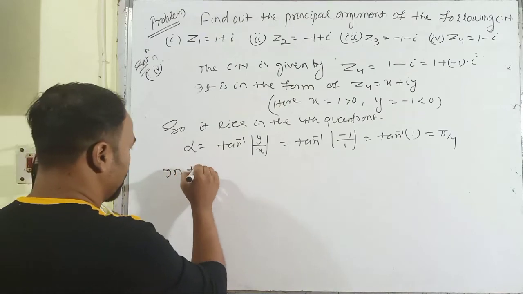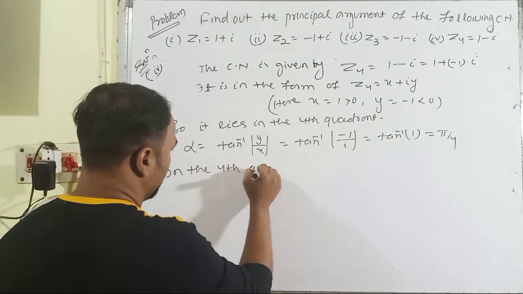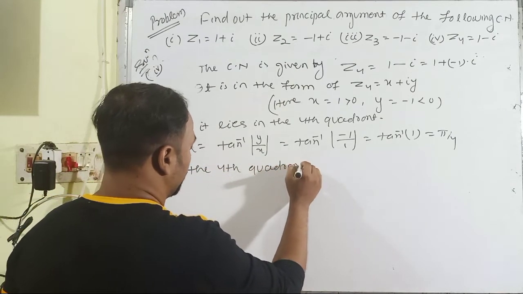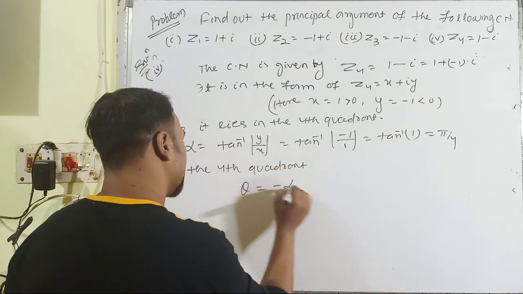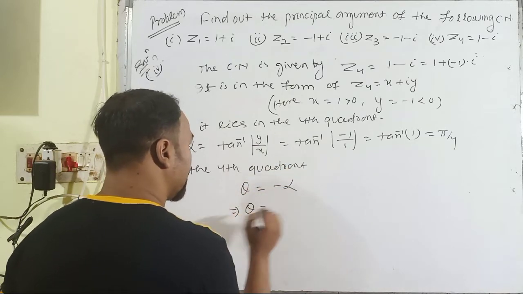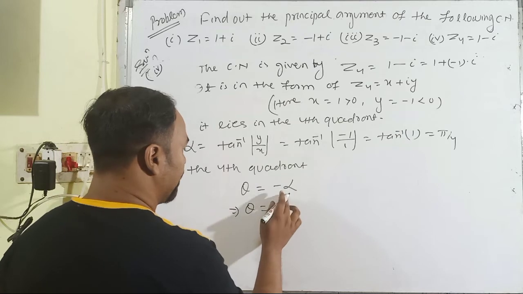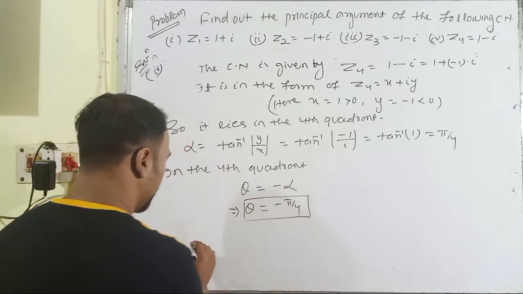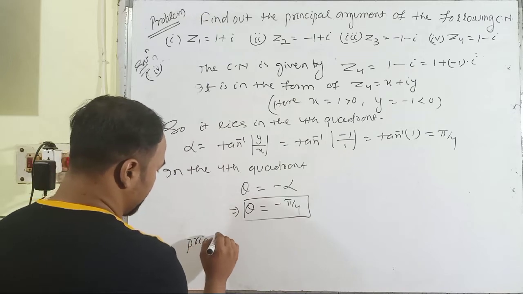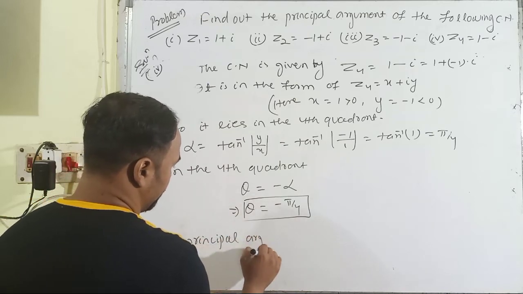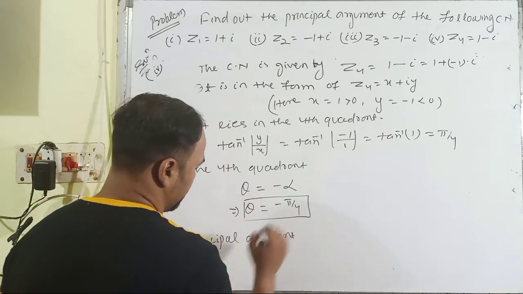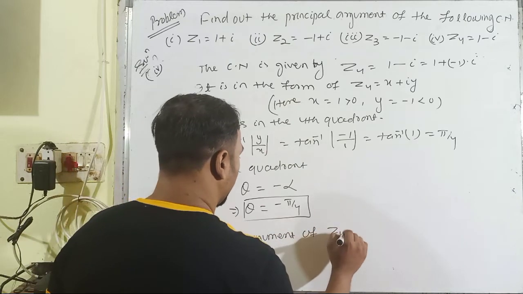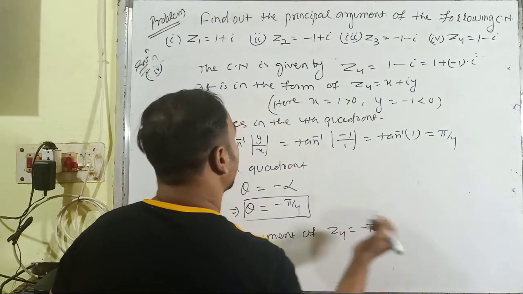In the fourth quadrant, theta is equal to minus alpha. That implies theta is equal to minus pi by 4. So principal argument of z4 is equal to minus pi by 4.